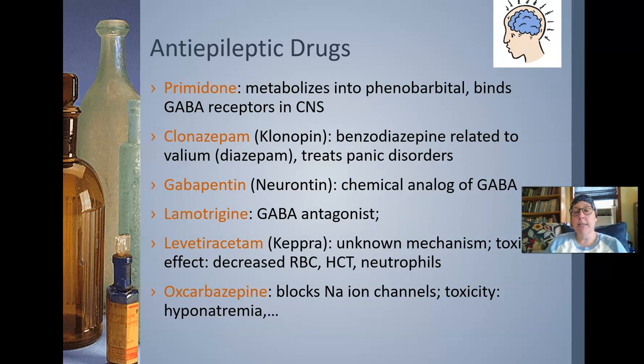Lamotrigine is a GABA antagonist. And then Keppra, or levetiracetam, has an unknown mechanism. Here's one of those where we don't know how it works, we just know that it does. Its toxic effect will decrease your red cell count, your hematocrit, and your neutrophils. And then oxcarbazepine blocks sodium ion channels, and the toxicity is hyponatremia.